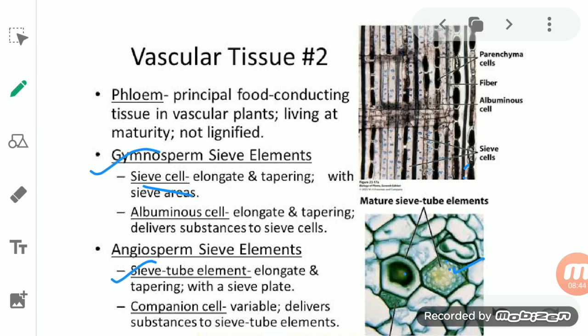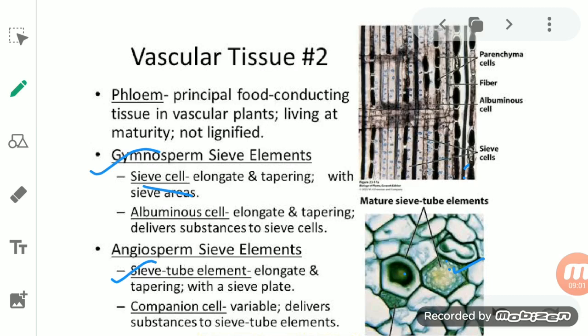But in the case of sieve cells, the perforation is there, but it occurs only in certain areas. So the perforation is not all over like in the case of the sieve tube.